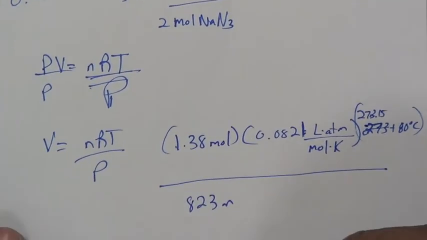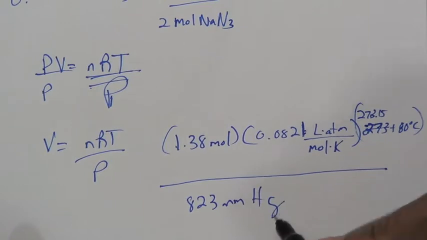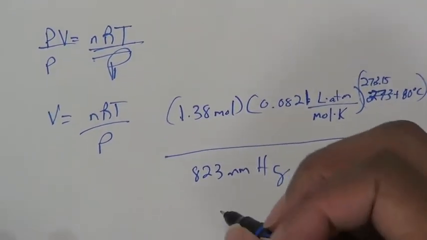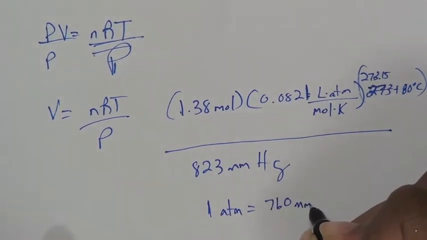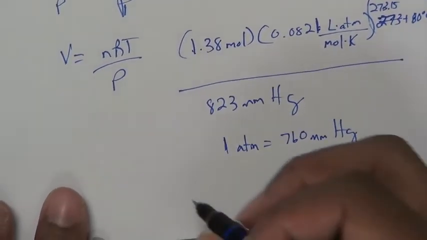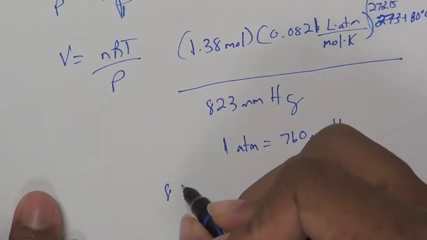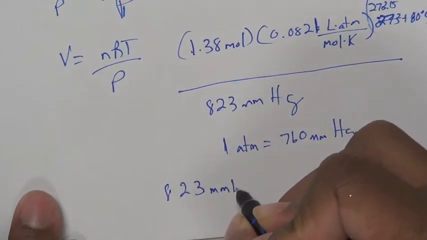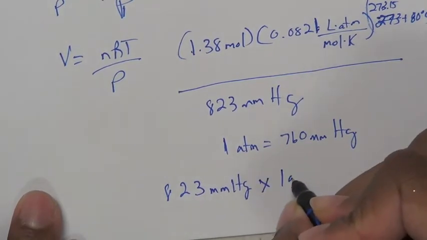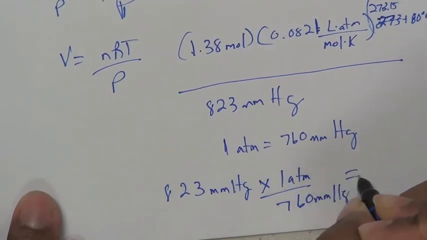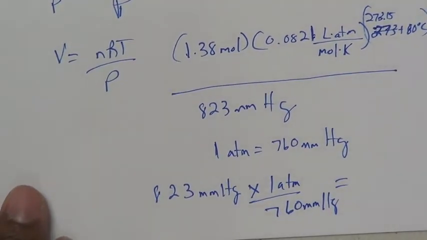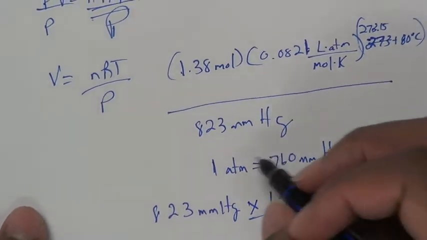Well, that's not in the correct unit. We know that 1 atmosphere is equal to 760 millimeters of mercury. So we do our conversion: 823 millimeters of mercury times 1 atm over 760 millimeters of mercury.